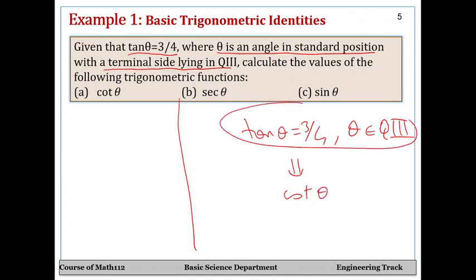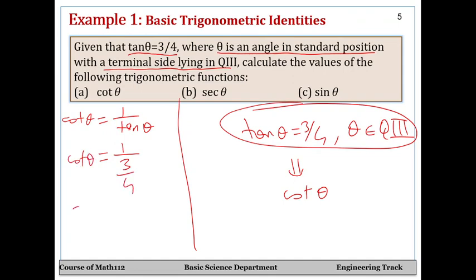Now we solved this type of question. You can use the reference angle or other things, but the very straightforward thing you can use here is the relation between cotangent and tangent. So cotangent is equal to 1 over tangent, so it has to be 1 over 3 over 4.